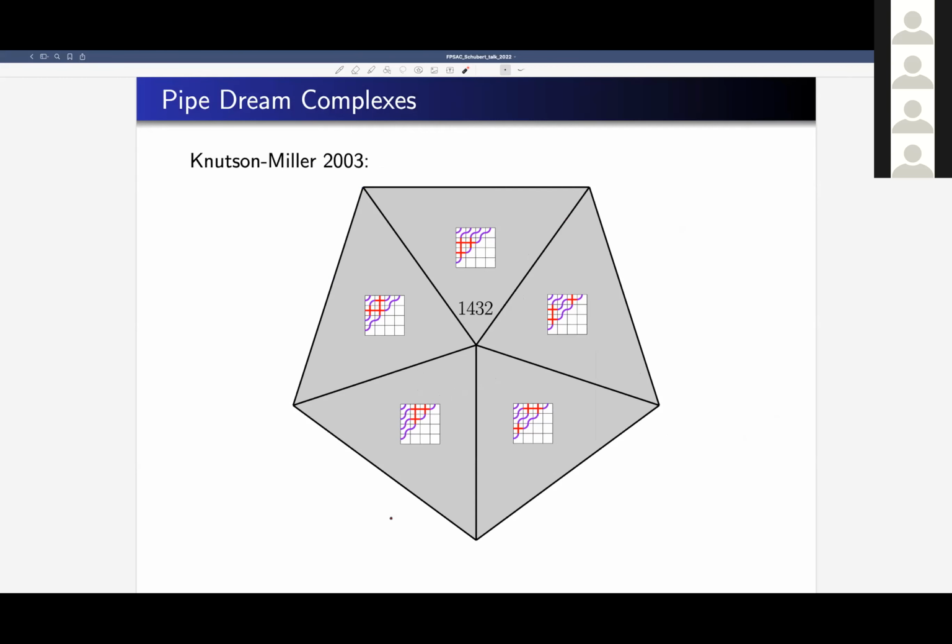For now, I want to mention a very nice construction of Knutson and Miller from the early 2000s about the pipe dream complex. So these pipe dreams very naturally fit into a simplicial complex.